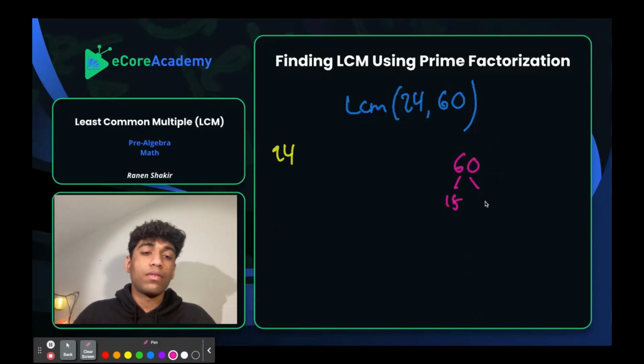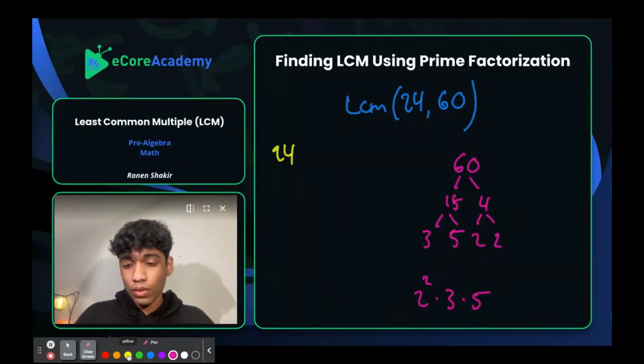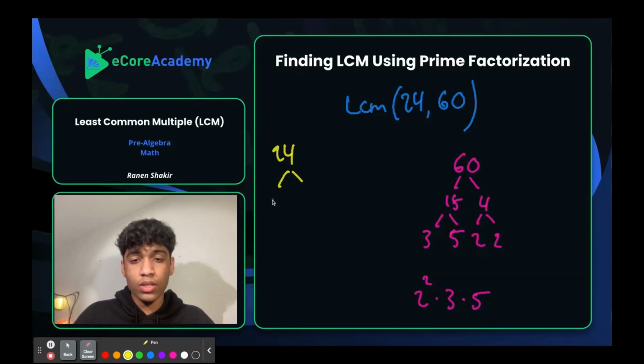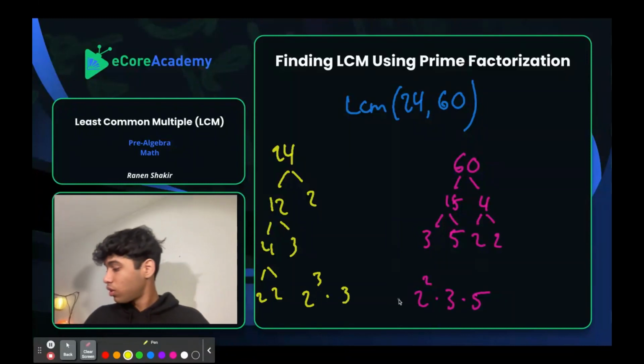We'll have 15 and 4. Again, you can start with any number you really want, but whatever works for you. So then we have 2 squared times 3 times 5. And then for 24, we can break this down into 12 and 2, 4 and 3, 2 and 2. So then for 24, you'll have 2 cubed times 3.